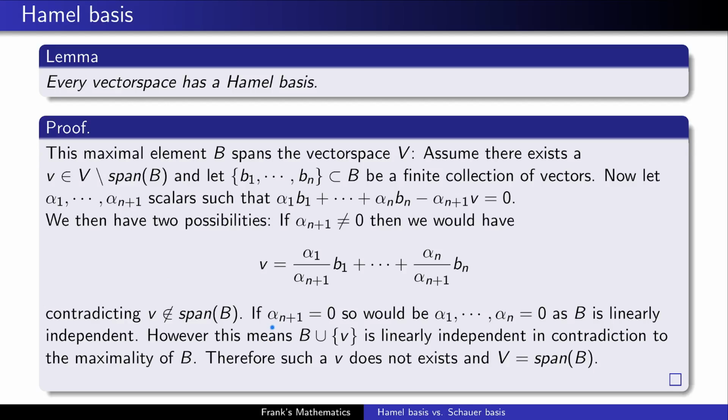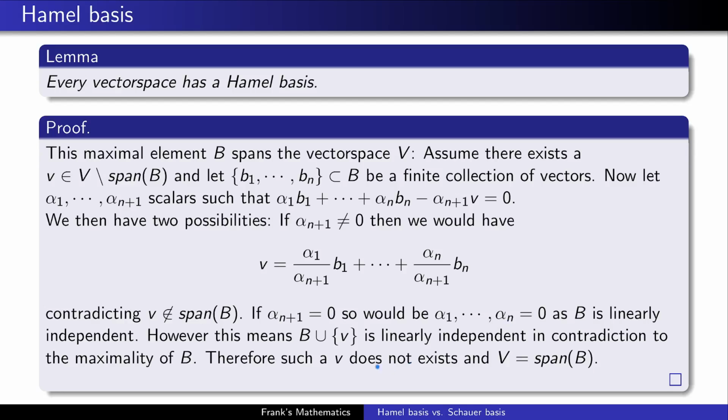What happens in the case that alpha n plus 1 is 0? Well, then also alpha 1 up to alpha n must be 0, because B is a linearly independent set, and therefore the finite collection B1 up to Bn is linearly independent, and therefore alpha 1 up to alpha n must be 0.